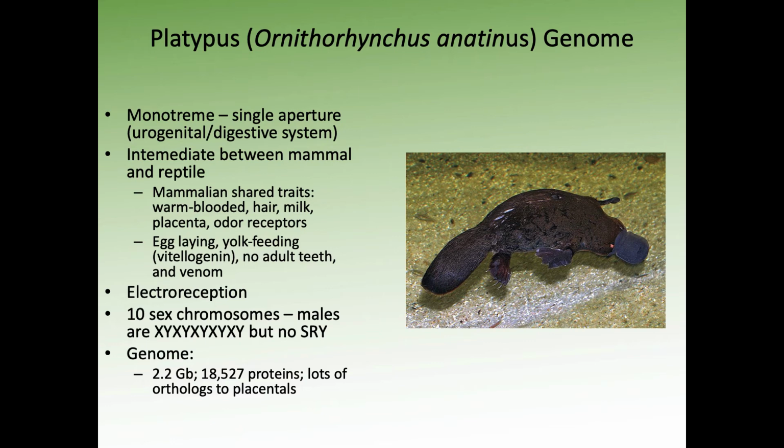And then it also has these weird other adaptations, like electroreception. So just a very unique organism, and it serves as a model for both homologous and independent evolutionary processes.